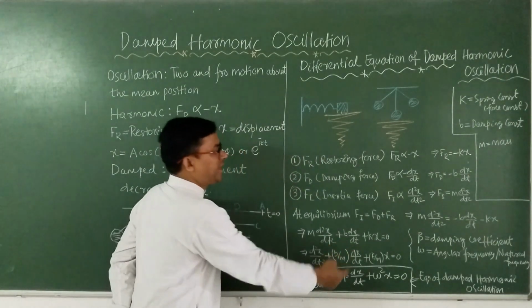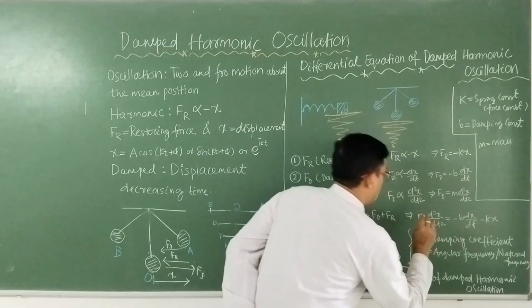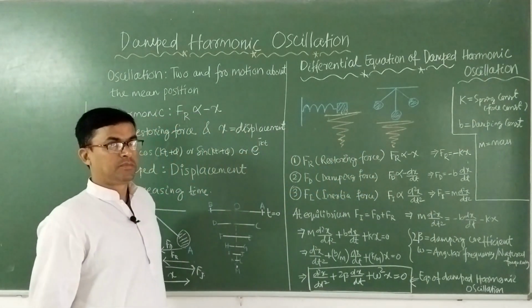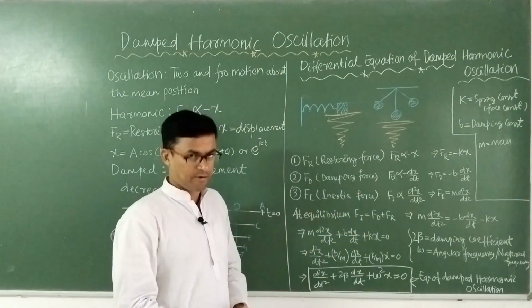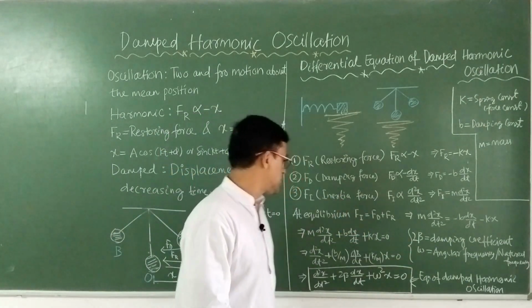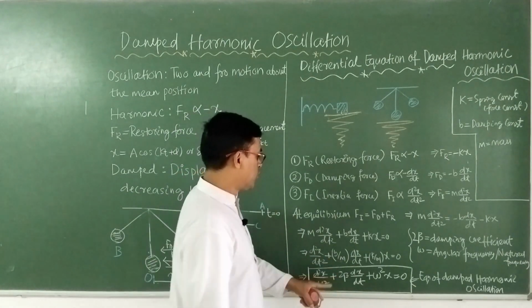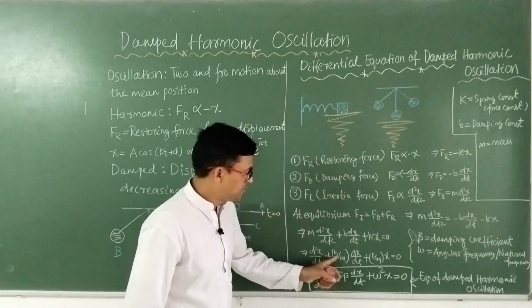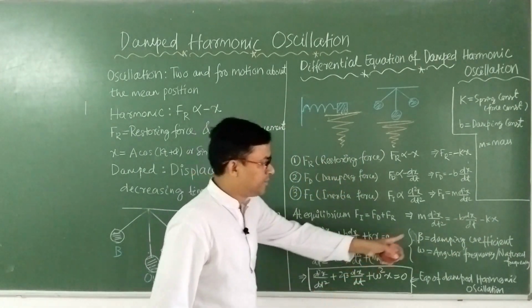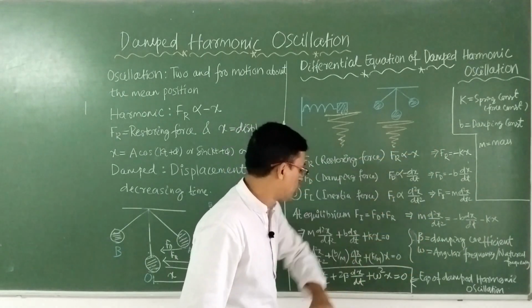Here we assume b by m is 2 beta, because writing 2 beta has some significance, and when we solve the equation we can see why. So b by m equal to 2 beta, where beta is called the damping coefficient. Damping constant is b, and beta is the damping coefficient.